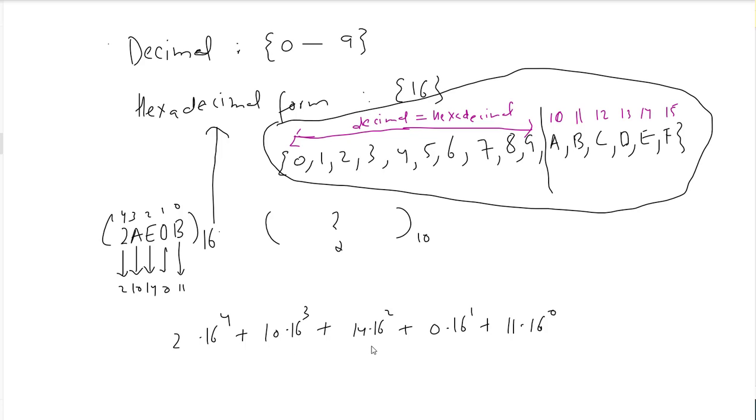Now if you multiply all of these and then add them together, the number that you'll obtain is 175,627. So this is its decimal representation.